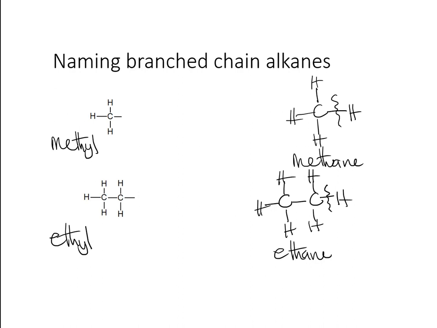So these are the branches that we are going to use when naming branched alkanes: the methyl branch and the ethyl branch. Actually, there are other types of branches like propyl and isopropyl, but we are not going to focus on them in this course. So let's see how we are going to use those branches to name branched alkanes.